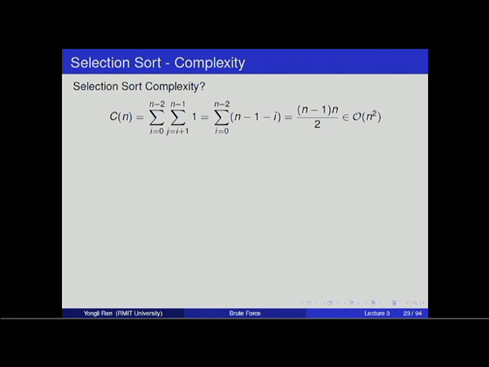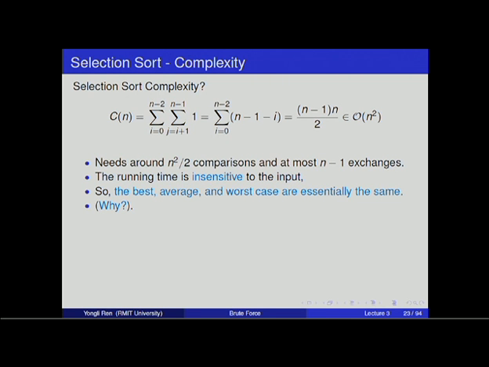Now we'll get to some of the detailed analysis. It's not really a question. From here we can say we need to run around n squared over 2 comparisons for a selection sort, and at most n minus 1 exchanges. There are 2 things, comparison and exchange, which are 2 actions.